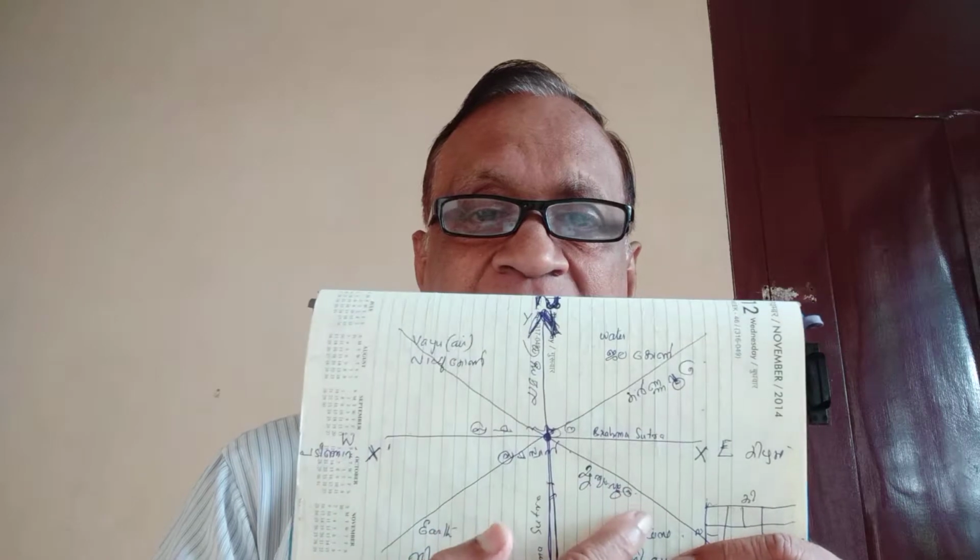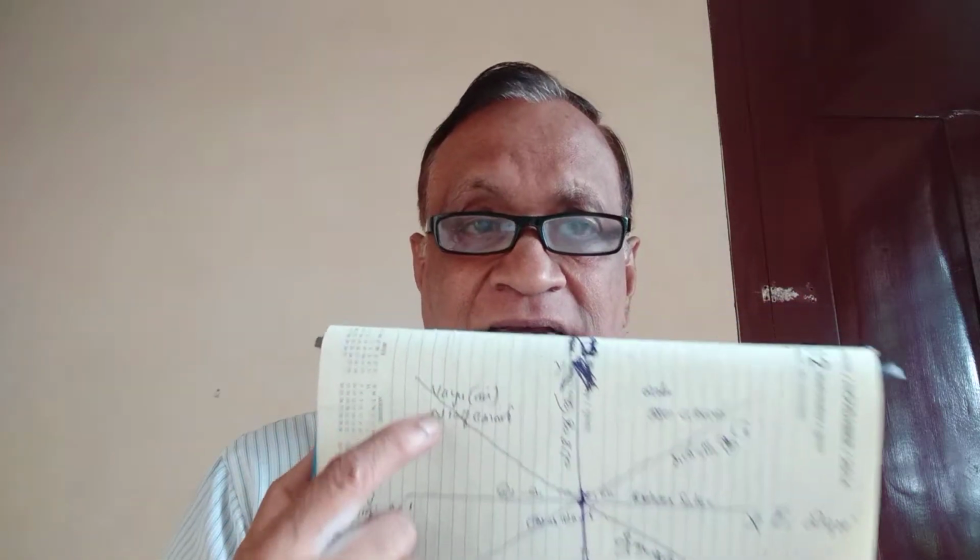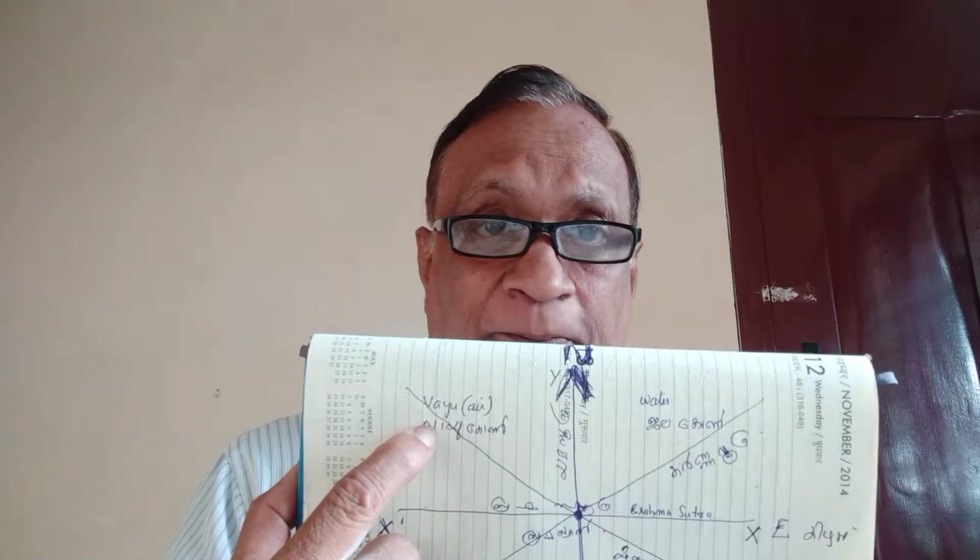Because it is passing through this fire cone and this air cone, Vayu cone. Fire and air. When they combine, fire will take place. For burning, Vayu also is required.